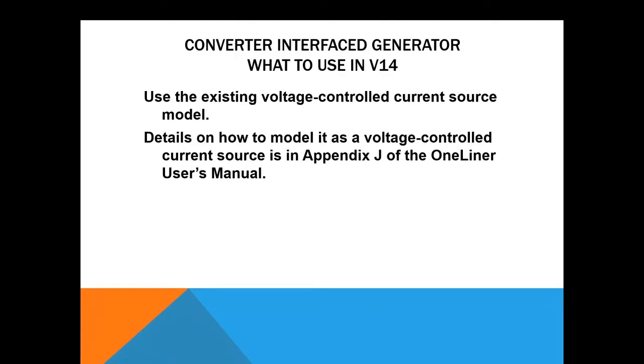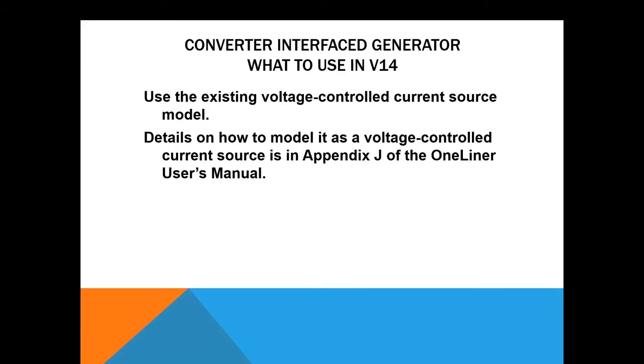Okay, so let me go now to the converter interface generator. This is solar. Remember, this is solar, batteries, and all the other things, and Type 4 wind plants, the ones where 100% of the power goes through the converter.